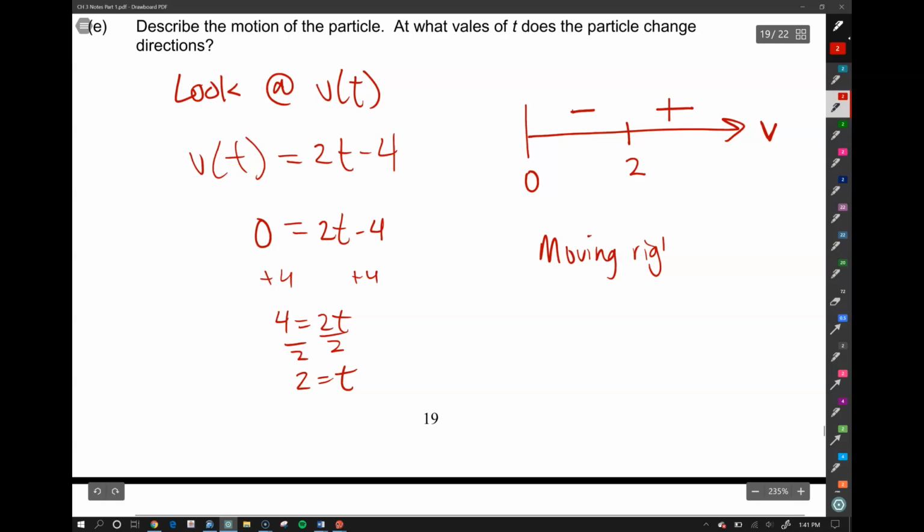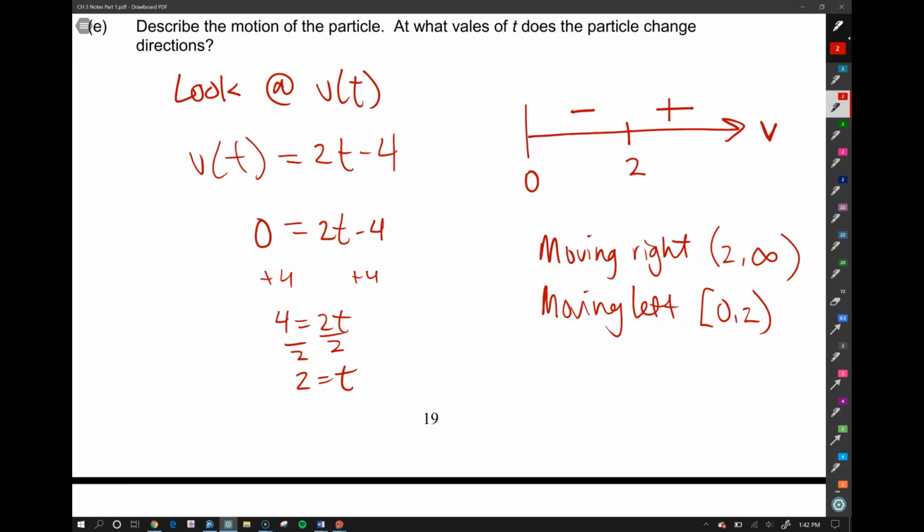Okay, so if we want to describe the motion of the particle, moving right from 2 to infinity, do we remember our parentheses and square brackets, right? Because at 2 seconds, we're switching directions. So at that very small instant, we're not moving at all. And we are moving left from 0 to 2. And there's this funky thing, right? We haven't included 2 at all.